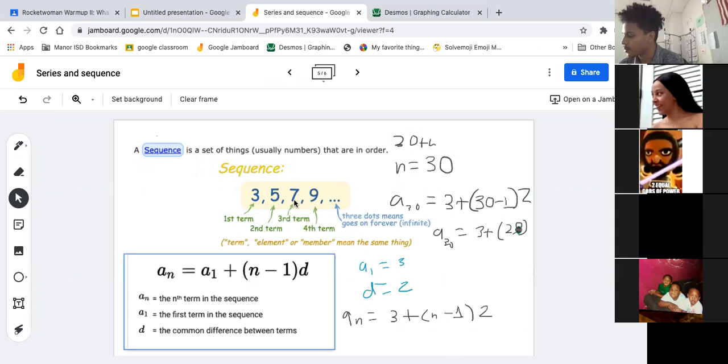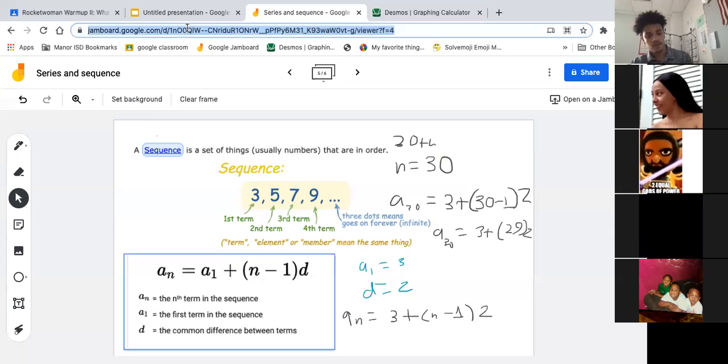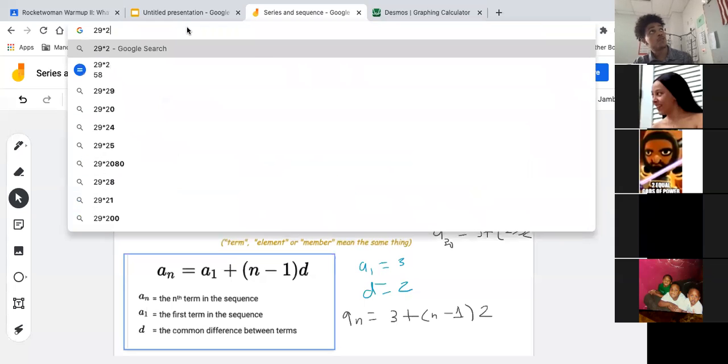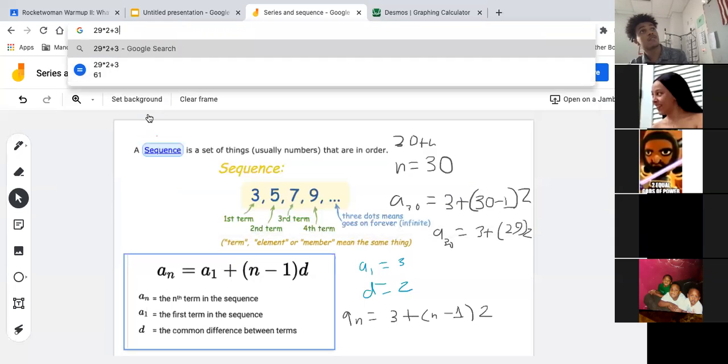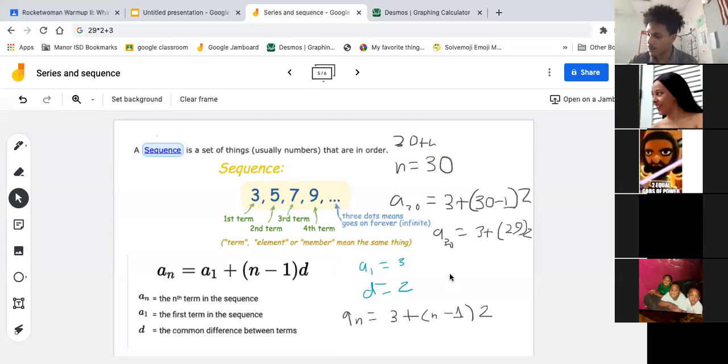That's 30 minus 1 is 29 times 2. We can put this in the calculator. 29 times 2 plus 3 equals 61. So the 30th term in the sequence is 61. So a_30 is 61. That's how a sequence works.